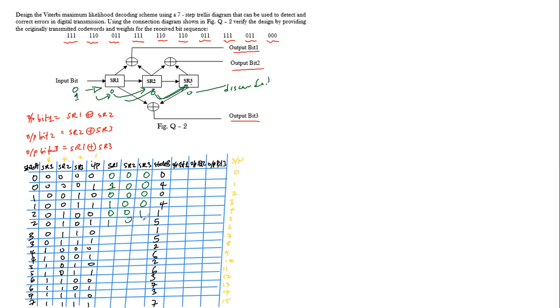so 0, 1. And we feed this with a 0, then 0, 1. We feed this with a 1, then 0, 1. Then we feed this with a 0, it's 1, 0. Feed this with a 1, so that's 1, 0. We feed this with a 0, so that's 1, 0.